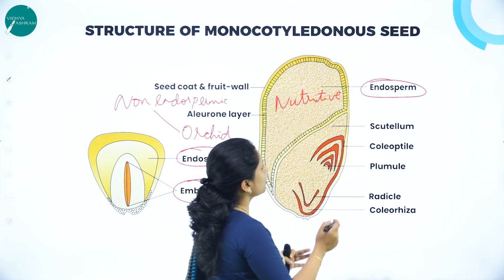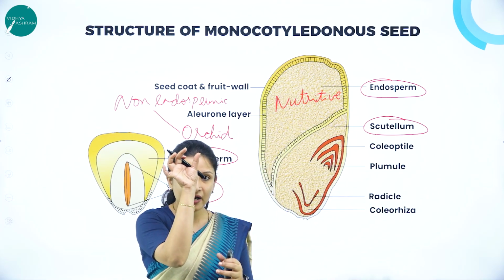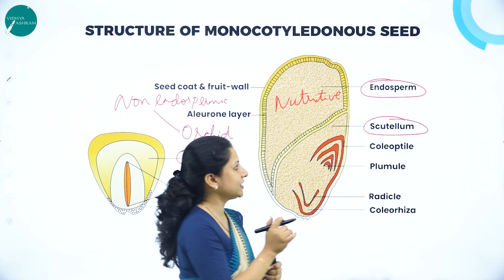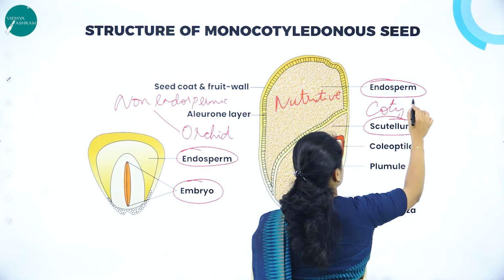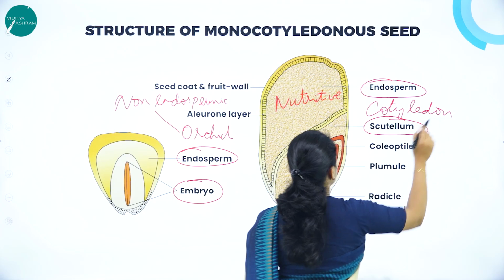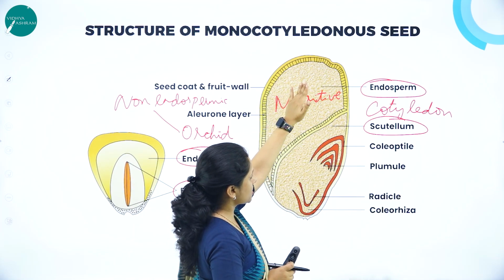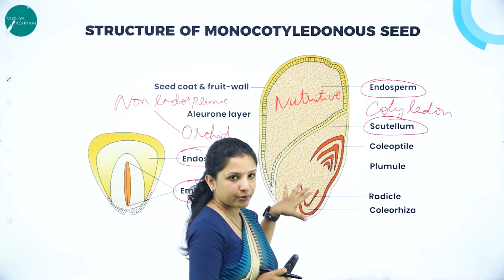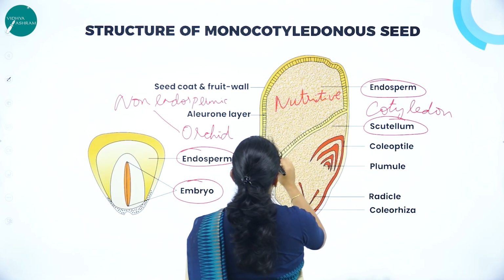Now there is something called the scutellum in the monocot seed. The cotyledon portion of the monocot seed is called the scutellum. In the cotyledon portion only endosperm is there. Now there is a separation. The endosperm and the cotyledon which bears the embryo get separated by a layer called the aleurone.